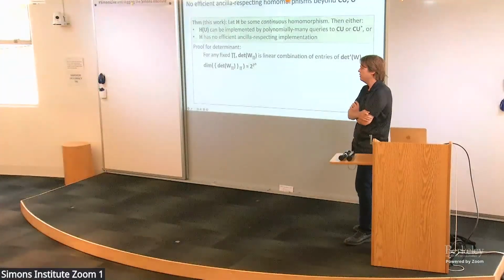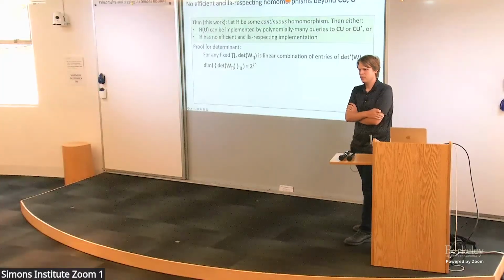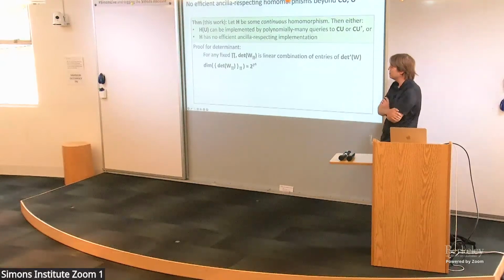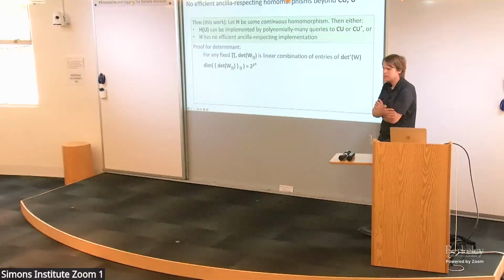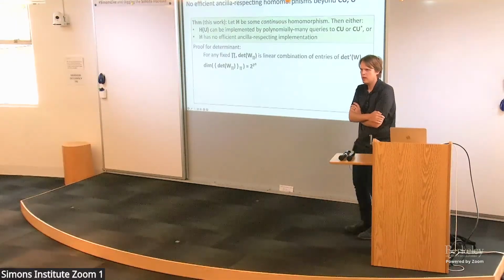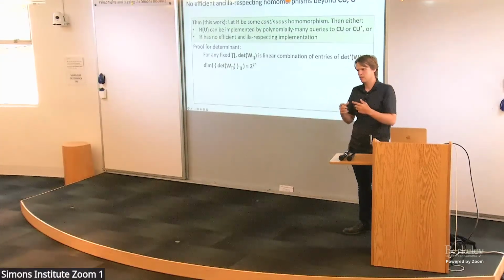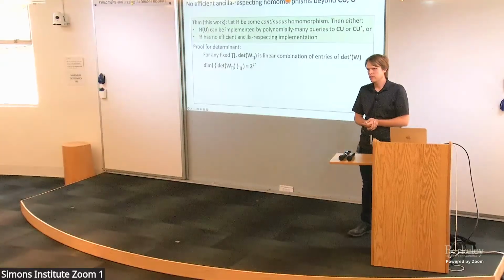It would be interesting to see if allowing a little bit of error helps. I'm not sure about efficiently findable. Possibly that would be another way out, if you allowed some error or restricted in some way, rather than this really strong condition that you're exactly implementing this unitary.